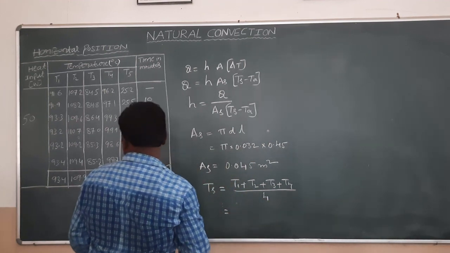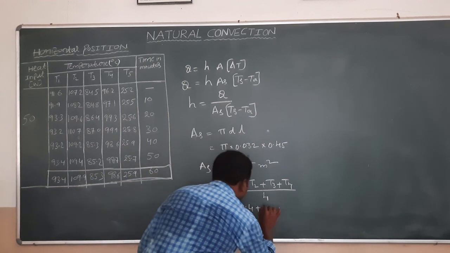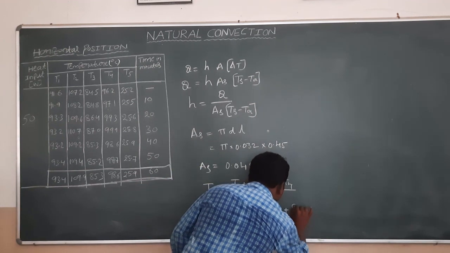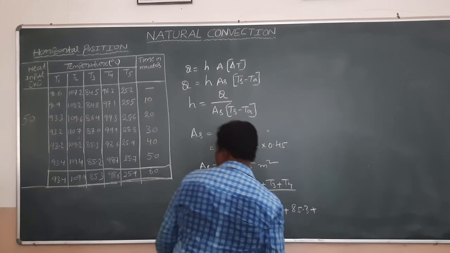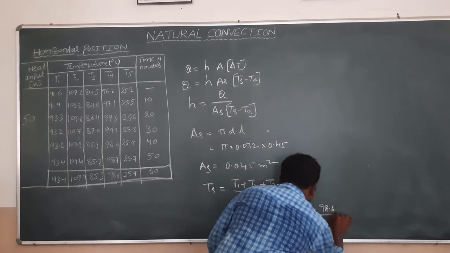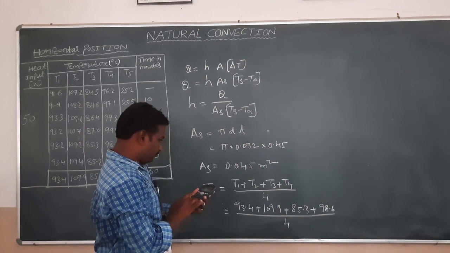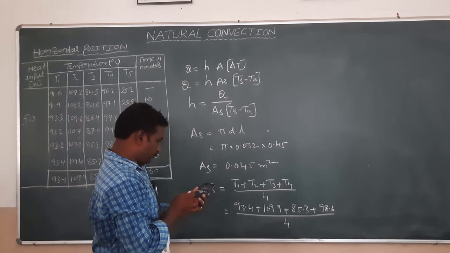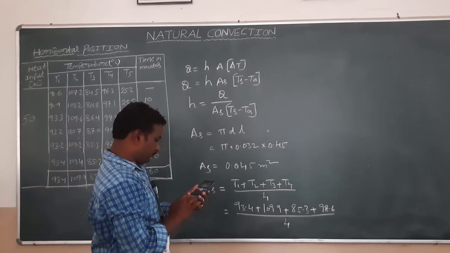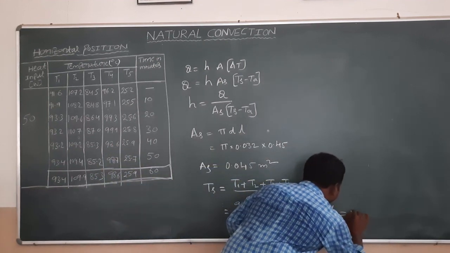So, that equals 93.4 plus 109.9 plus 85.3 plus 98.6 divided by 4. That gives 96.8 as the surface temperature.